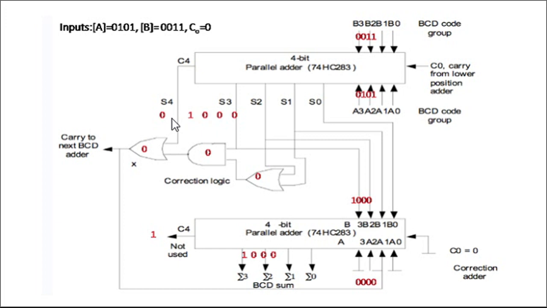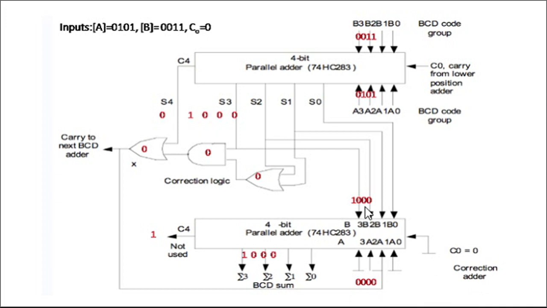Now this sum 0001 we can connect as the input for the next IC, and again B is all zeros, and the correction adder C0 is equal to 0.